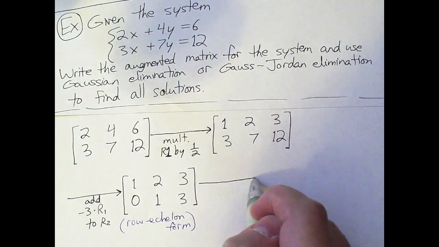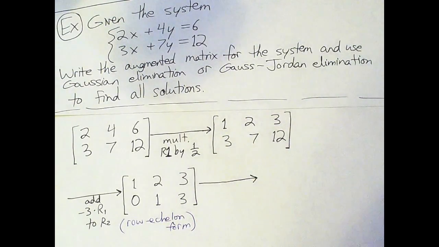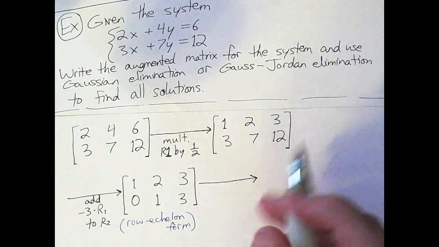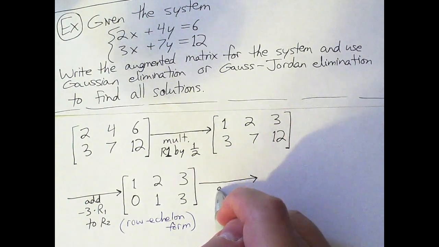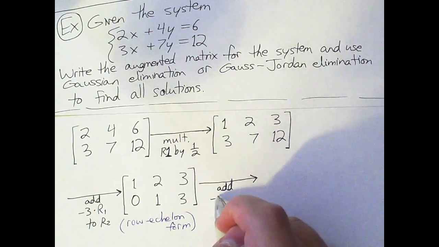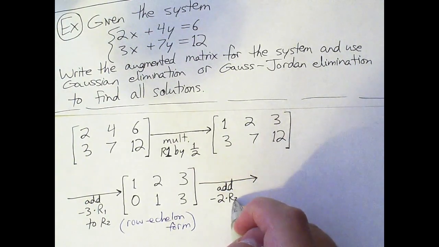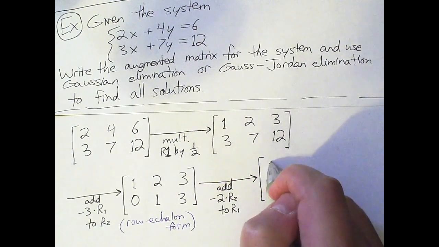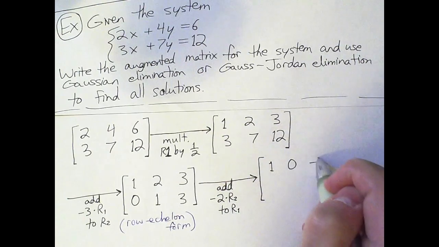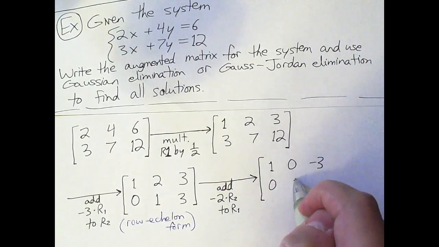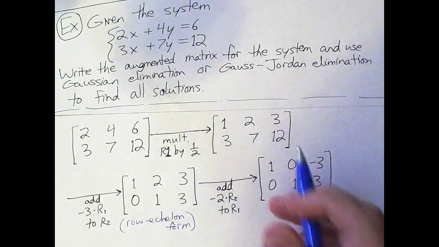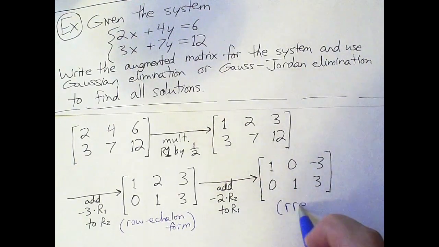I think we're one step away from finishing Gauss-Jordan elimination. So I decided that I was going to add -2 times row 2 to row 1. And that got me 1, 0, -3, and row 2 did not change. This one is in reduced row echelon form.